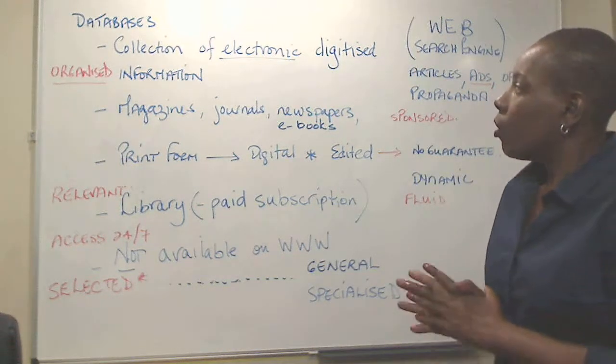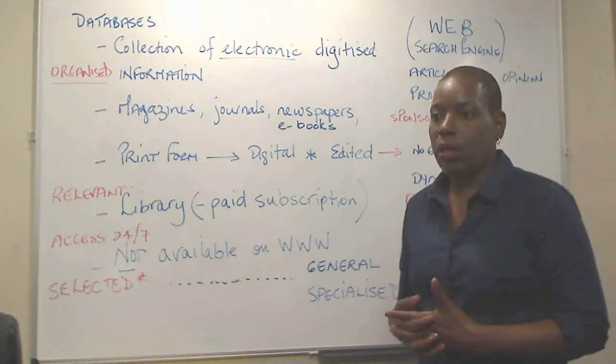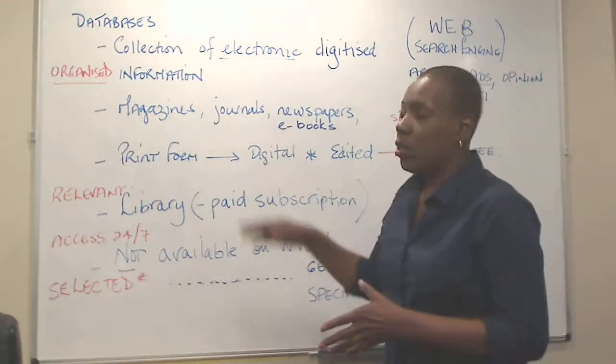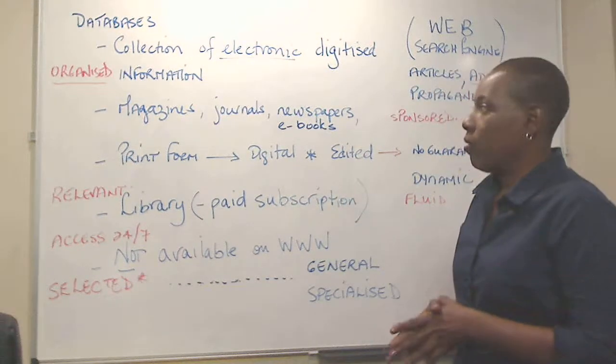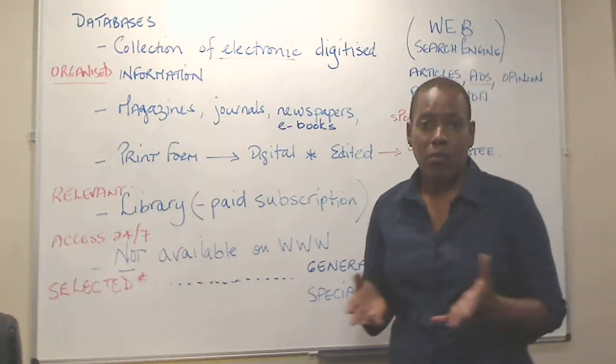So, the definition, we look at a collection of electronic digitized information, and this information is vast and it comprises magazines, journals, newspapers, and electronic books.